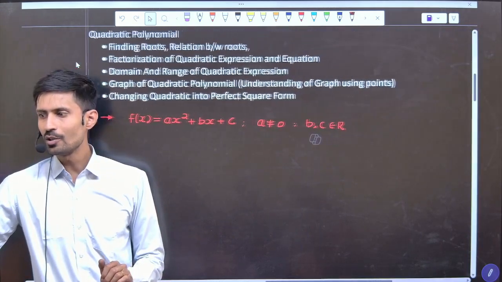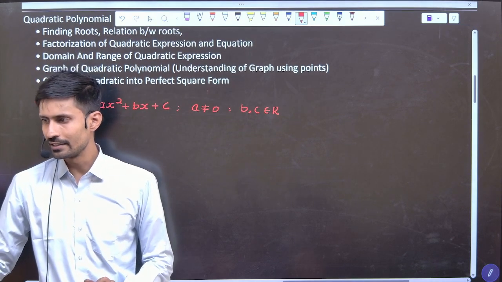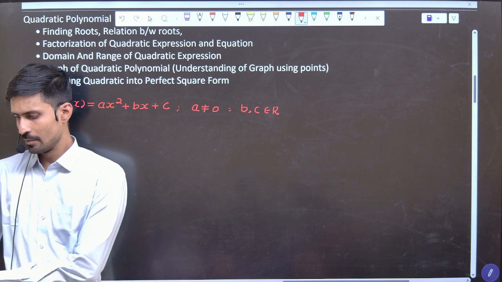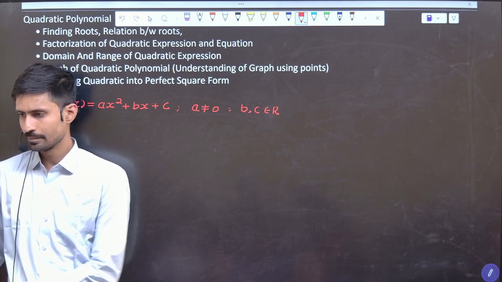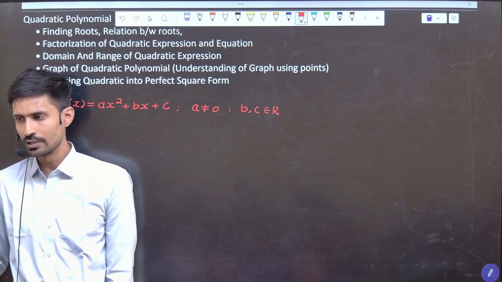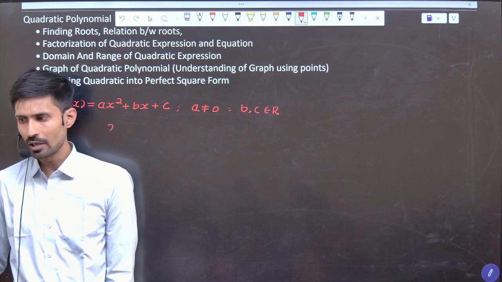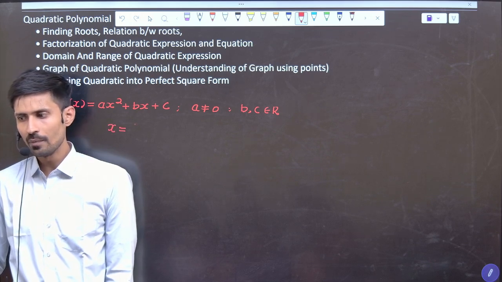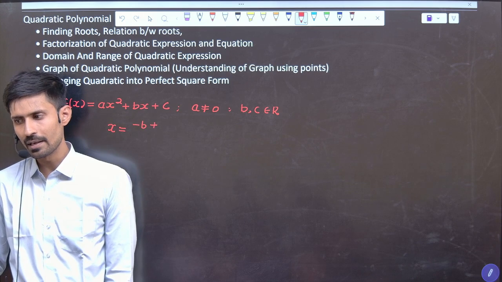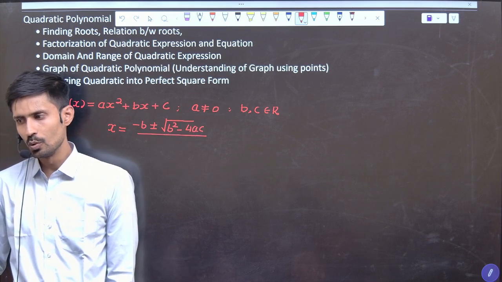So if you want to understand this topic, finding roots and the relation between roots and polynomial, first of all I am writing about roots. Do you remember the formula to find roots? How many of you know the formula: minus b plus minus root under b² minus 4ac, by 2a?